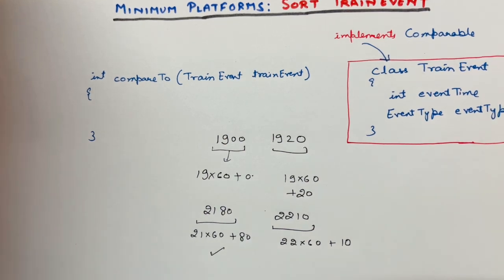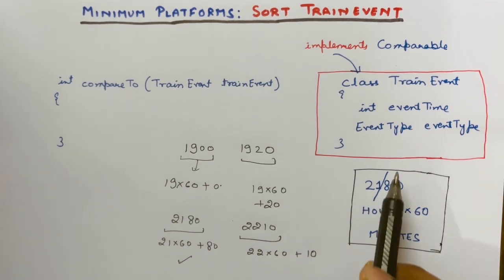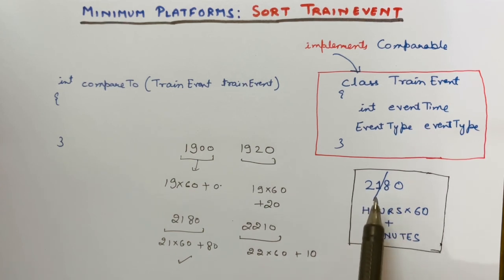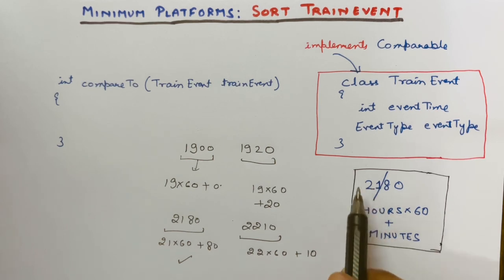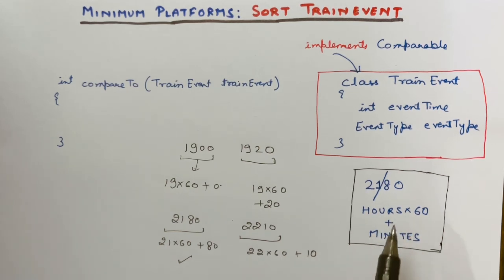Let's try to see what we are doing here. We are first splitting the time into two parts, hours and minutes. How will we do that? We can divide this by 100. So the quotient will be the hours and the remainder will be the minutes. And then we use this formula to arrive at the exact minutes, and then we compare the two.